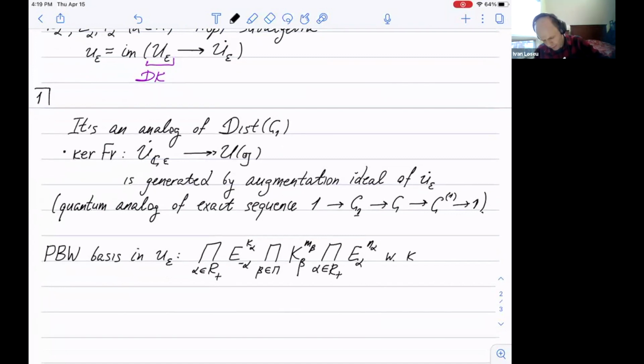So the exponents for the root vectors are between 0 and L minus 1, and m_beta is between 0 and 2L minus 1. Okay, so what we get is a finite dimensional Hopf algebra. Questions?